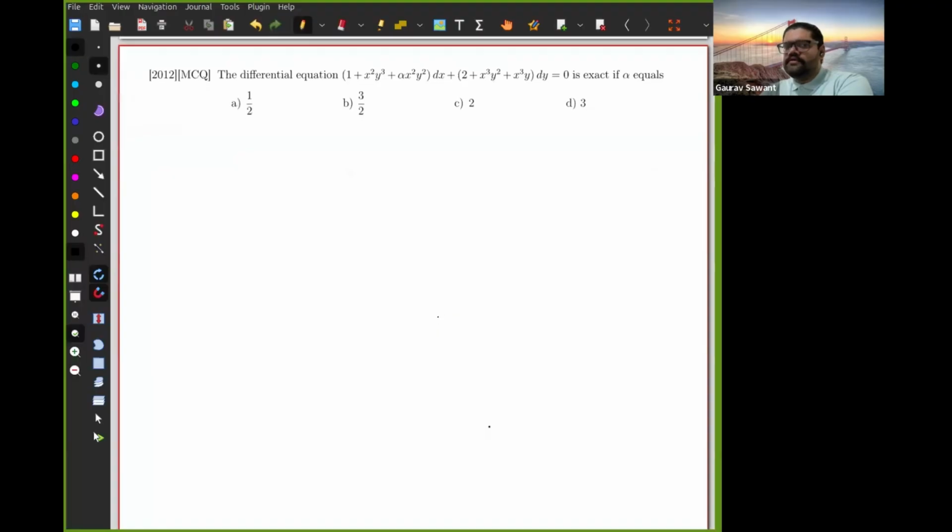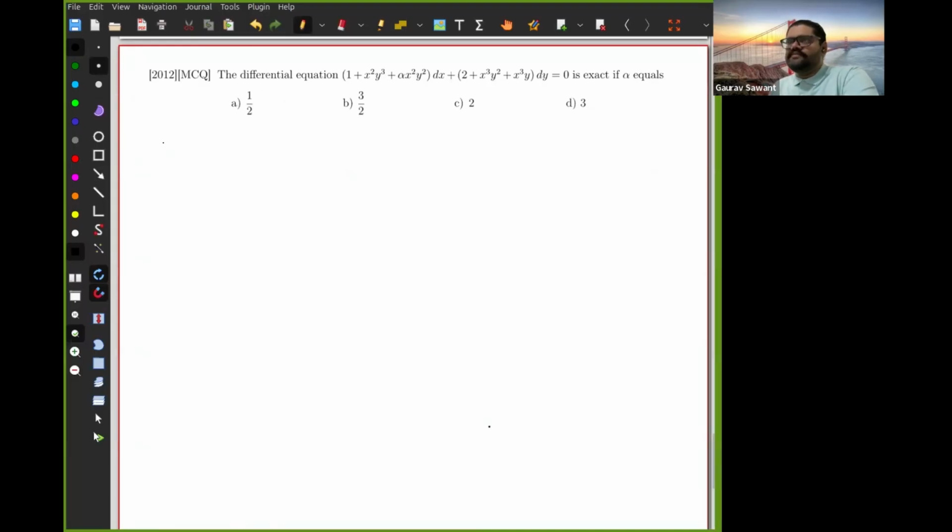All right. So our equation is of this form: 1 plus x square y cube plus alpha x square y square dx plus 2 plus x cube y square minus x cube y dy equal to 0. There are always these kinds of questions coming in the actual paper, which will just ask for a certain constant or something.